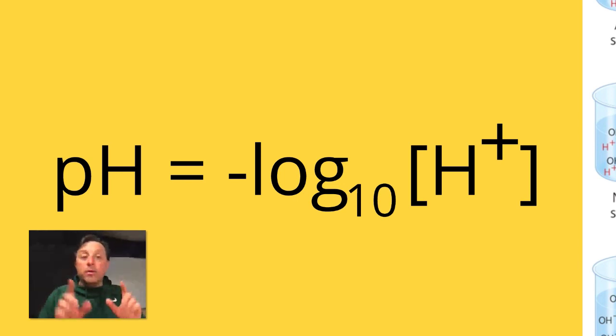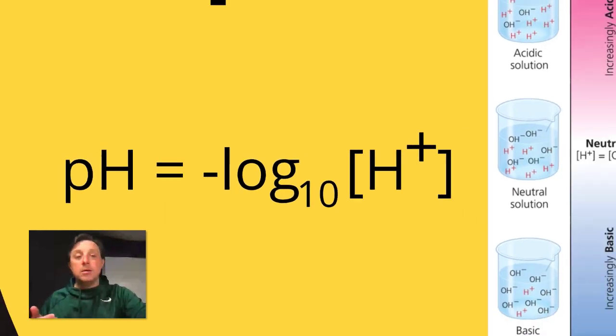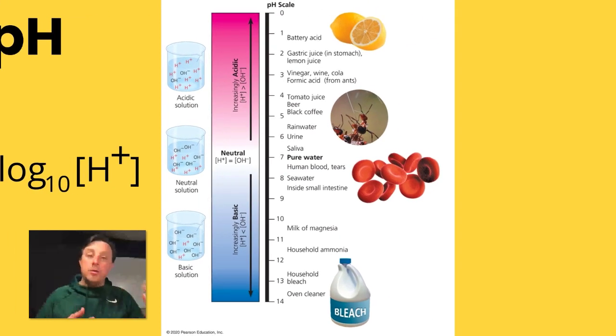The one important thing you do have to recognize with this formula, because it is a log base 10 system, is that every change of 1 unit on the pH scale reflects a 10-fold change in hydrogen ion concentration. So if we go from pH 5 to pH 4, that's 1 pH level more acidic.